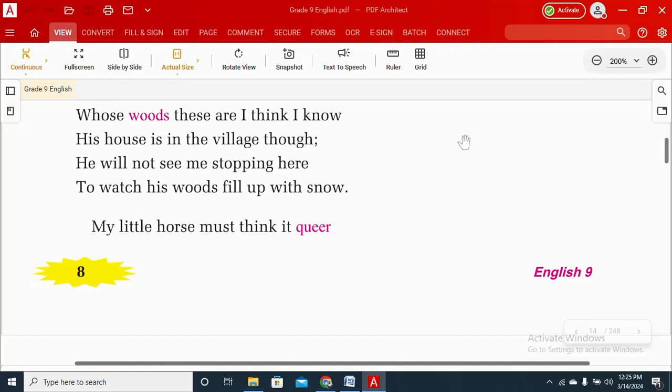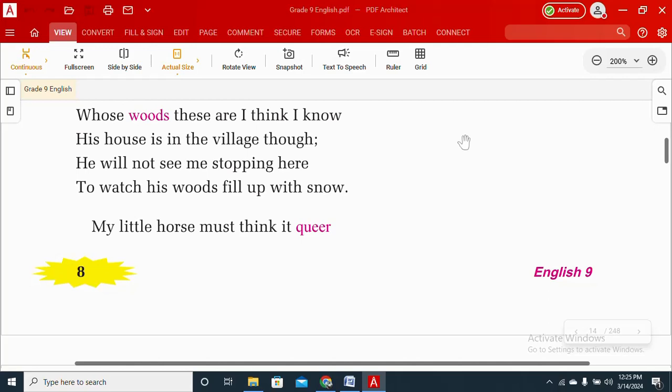One evening, the speaker stopped by the woods for some time on his way. During his journey, while he was traveling, he stops by the woods for a few moments. He knows the owner of the woods and even where he lives.